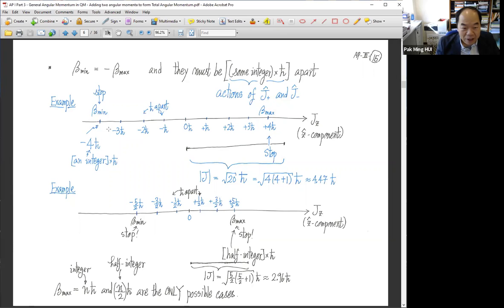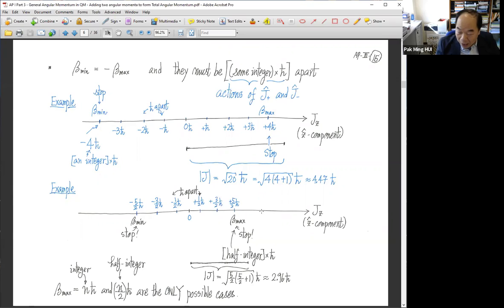So it means from here to there, it must be some integer multiple of h bar. So that is the criterion. And one way to realize that is this example. I start off with an integer h bar, and then in steps of h bar, I will reach minus that same number. But this is not the only possibility.